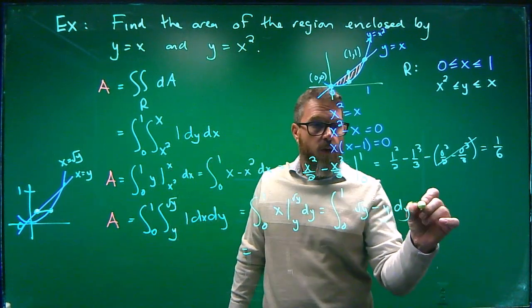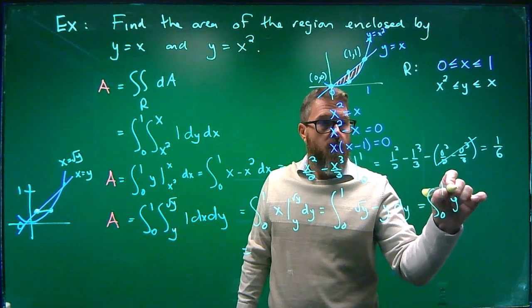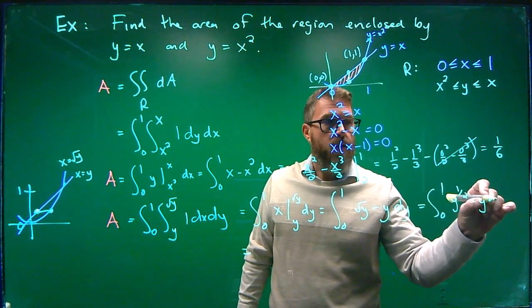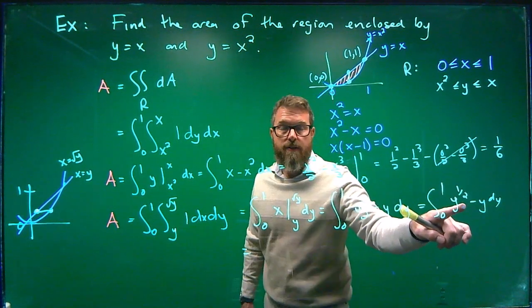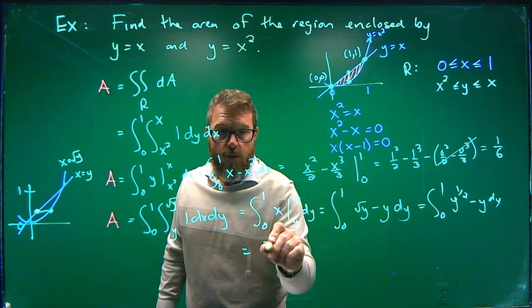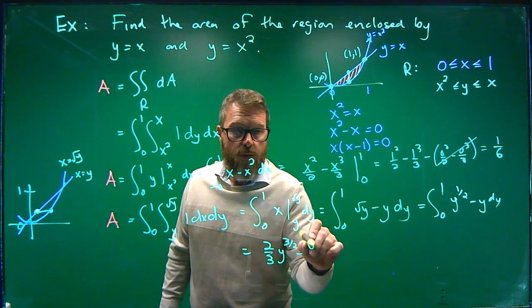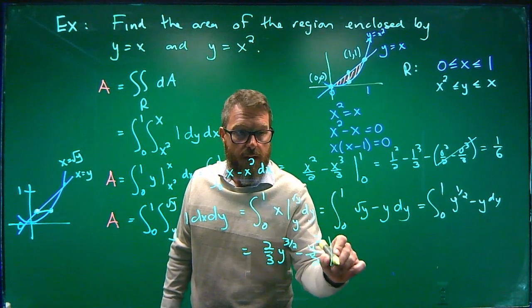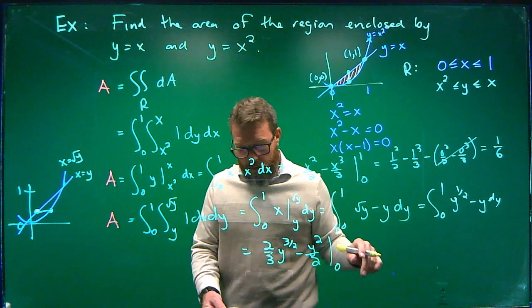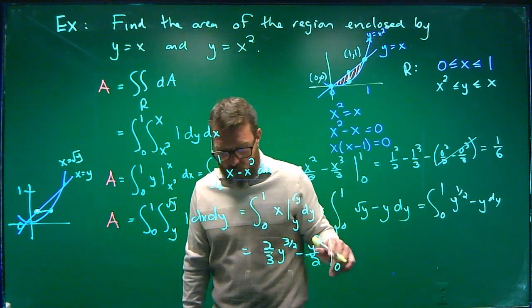So the integral of y to the 1/2 minus y dy is going to be y to the 3/2 divided by 3/2, or 2/3 y to the 3/2, minus y squared over 2, evaluated from 0 to 1. Should get all the same values, and I do.